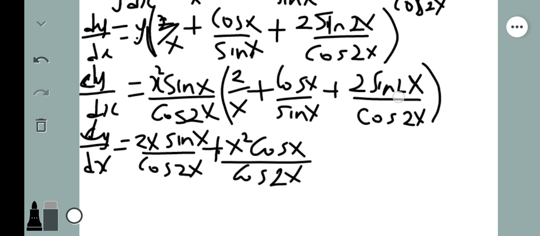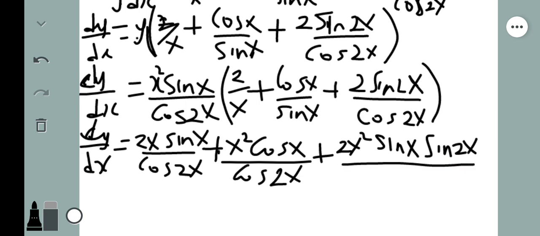So this times this also gives what? Here, is there anything canceling anything? I don't think so. So we have 2x squared sine x sine 2x over cos square 2x, because cos 2x times cos 2x gives cos square 2x, and there goes our answer.